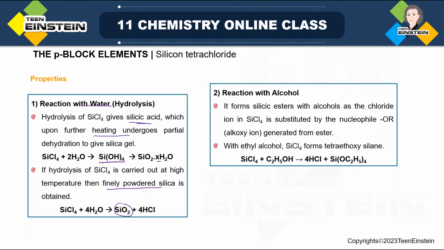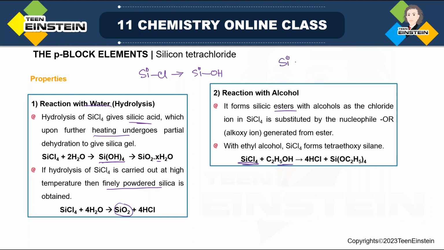Reaction with alcohol. It forms silicic ester. In the previous case, the Si-Cl bond was replaced by an Si-OH bond. But with alcohol, instead of silicic acid with four Si-OH bonds, we get silicic ester, because now we are treating SiCl4 with alcohol.